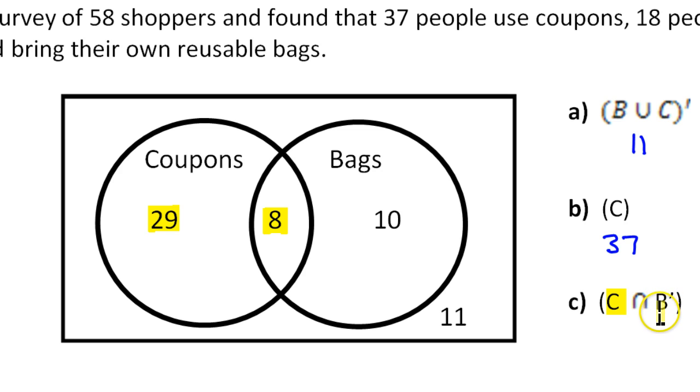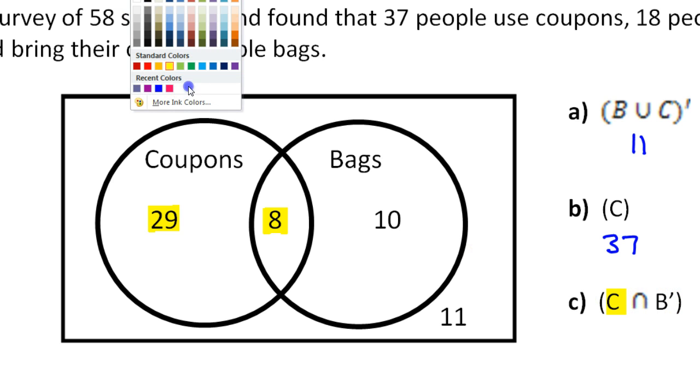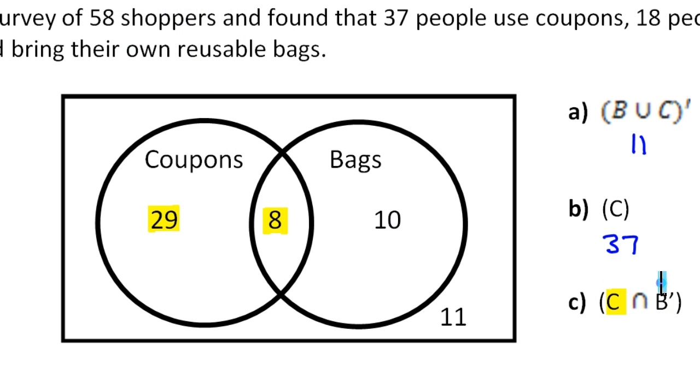It has to be them as well, simultaneously. But anyway, let me just highlight that. Not bag users. Well, the 8 and the 10 represent bag users. So the people that are not bag users are the 29 and the 11.